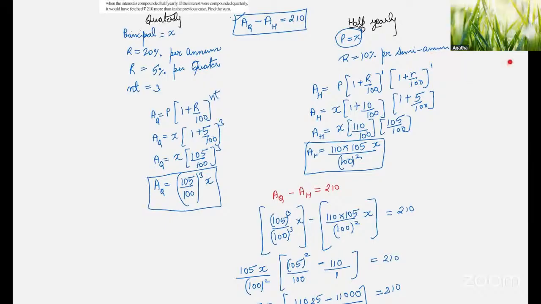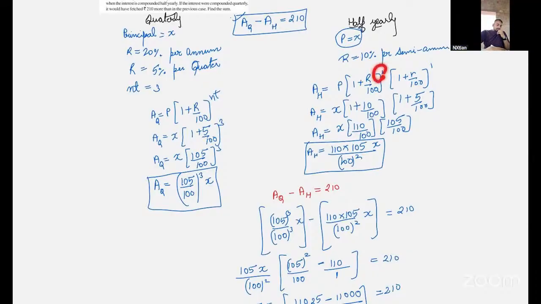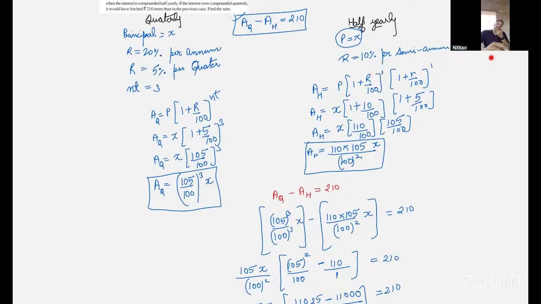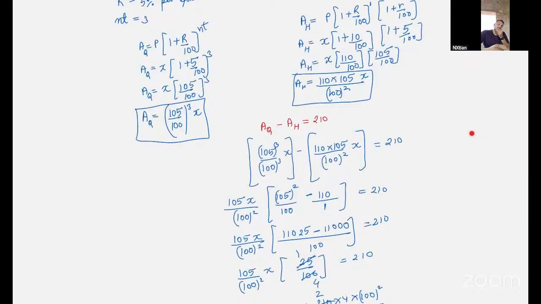No, for the first 1 year I took one, and then for the next I took half. Means for the first 6 months you took one, and for the next 3 months you took half. Yeah. So you got the same answer. Yeah.